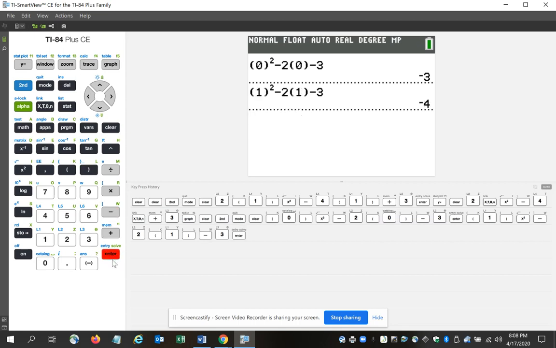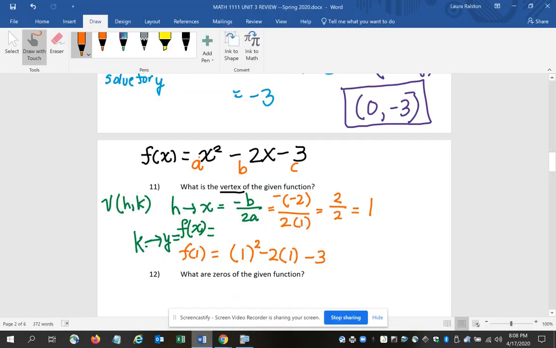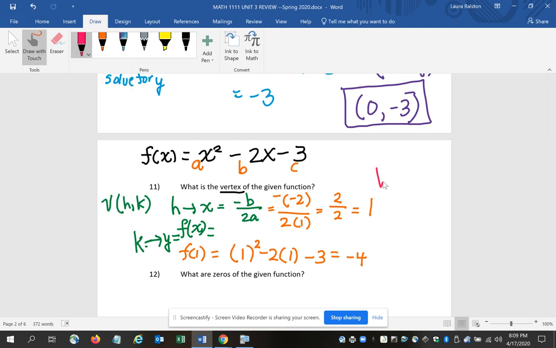And I should have a value of -4. Okay, so when I do the calculations here in my calculator, so I don't make a mistake, I get -4. So written as an ordered pair, the vertex is (1, -4).